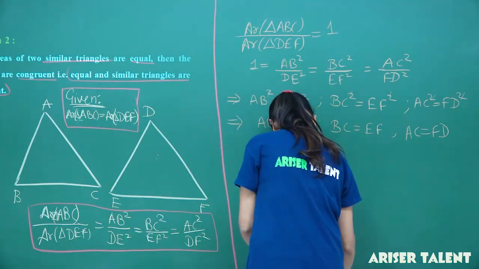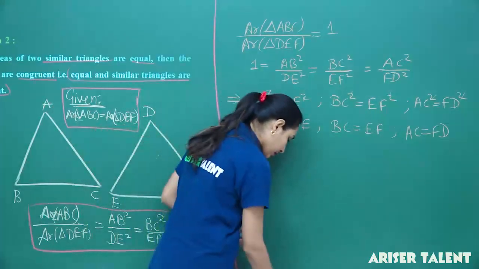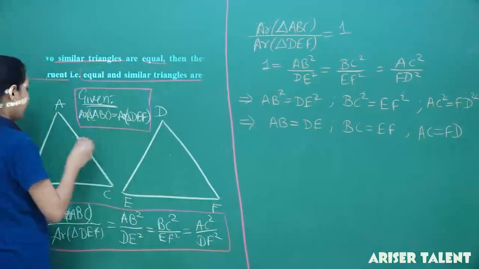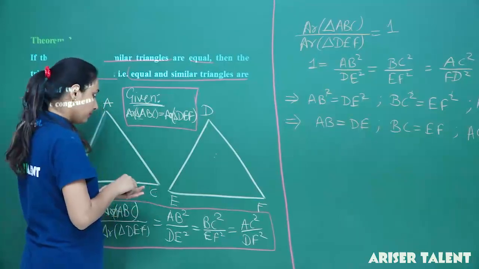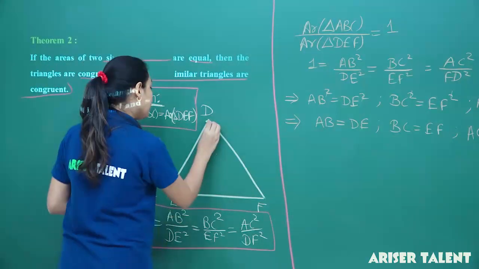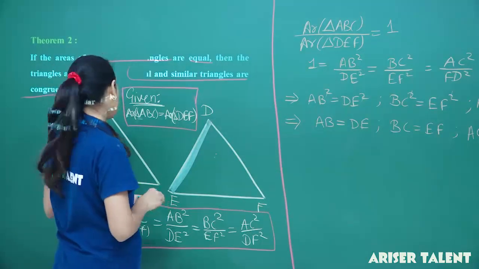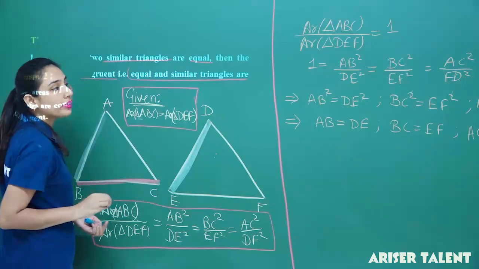Now my dear students, let me pick 3 colors of chalk. Okay. So it's saying what? AB is equal to what? DE. These two are equal. Okay. Now BC is equal to what?